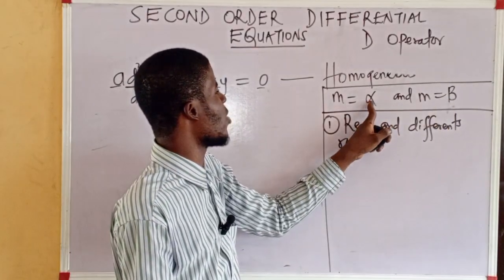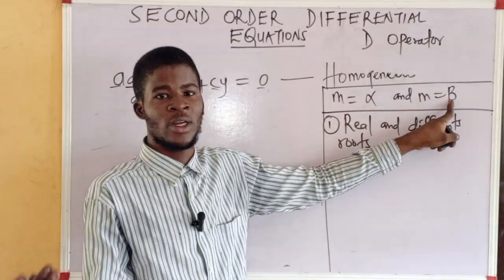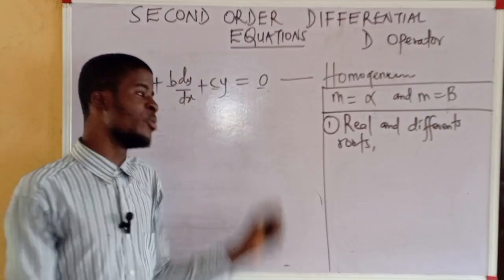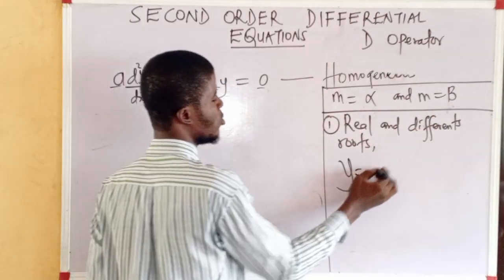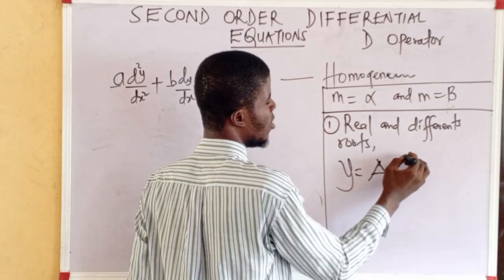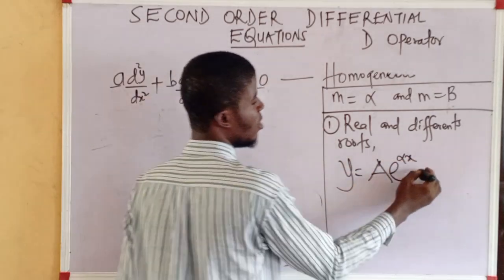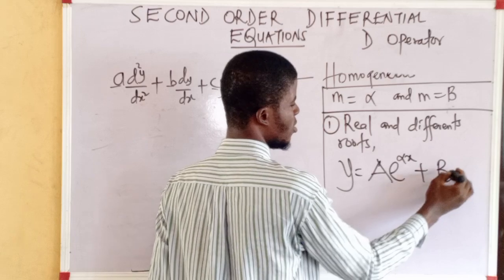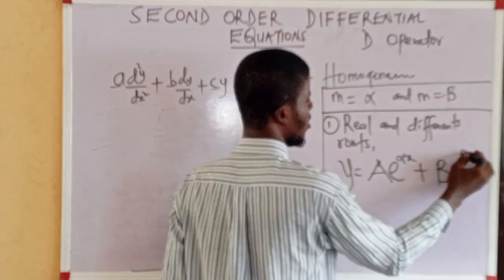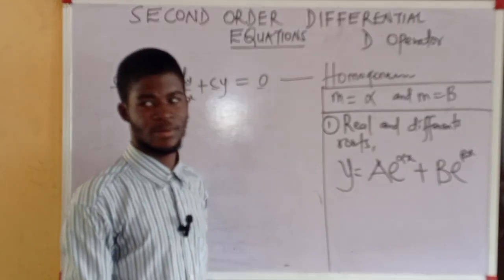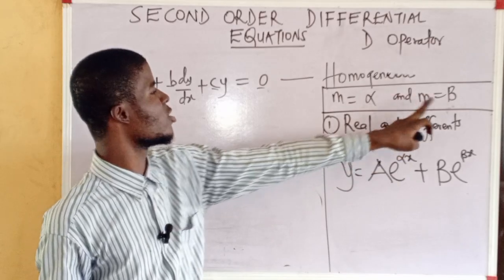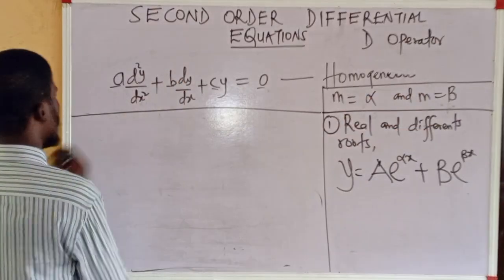Let's say alpha equal to 2, beta equal to 4, for example. The solution to the equation will be y equal to a e to the power of alpha x plus b e to the power of beta x. This is the first case where the roots are real and different.